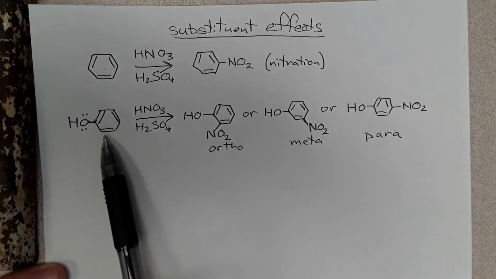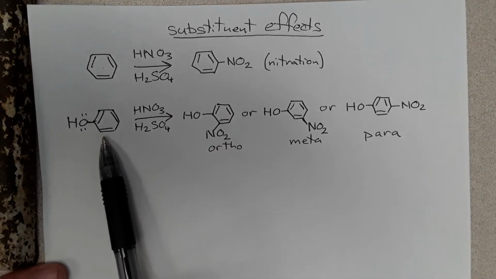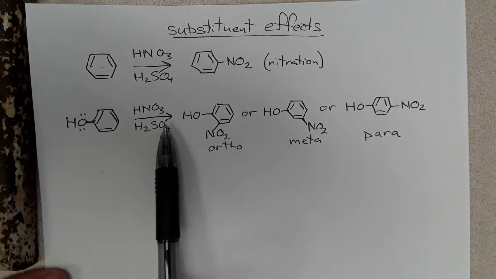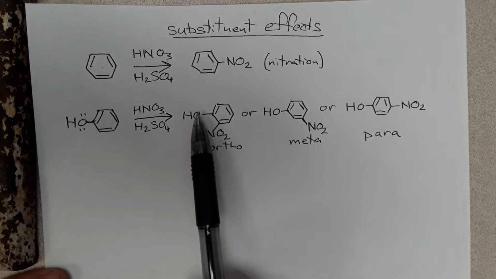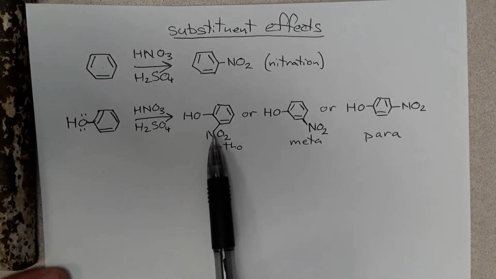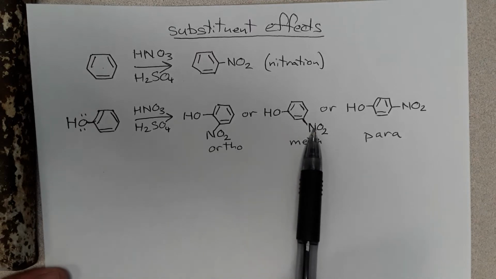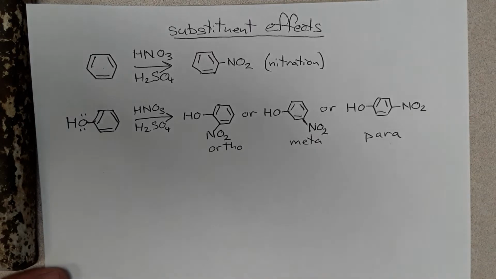So what if we already have a group on the benzene ring and we do nitration? Where does the nitro group add? And you have 3 different possibilities that it could add right next to the group that's already on there, forming the ortho product, or it could form meta, or it could add in the para position.